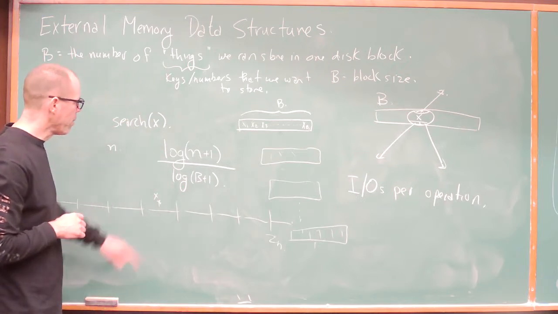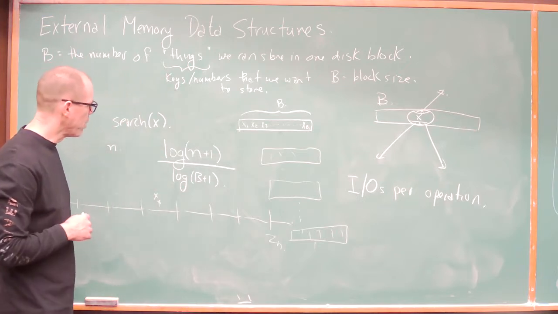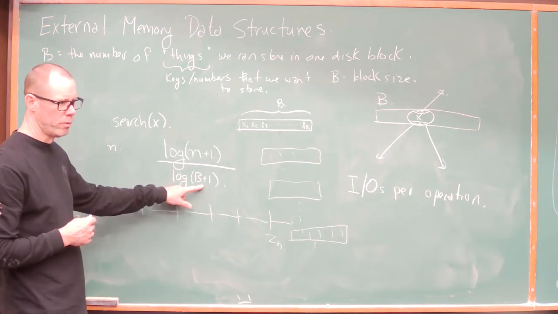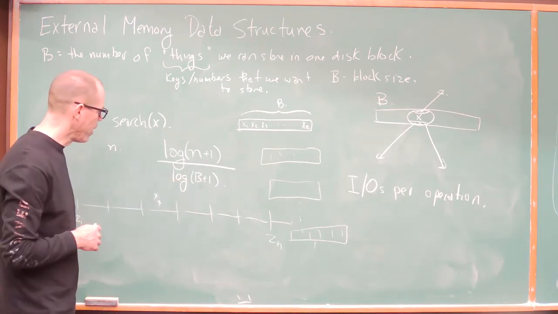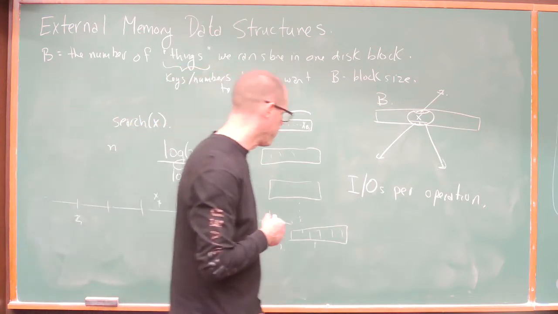This is basically the same thing that happens in the normal comparison-based case, but instead of b plus 1 here, you have 2, because when you do a comparison, there's only 2 possible outcomes.